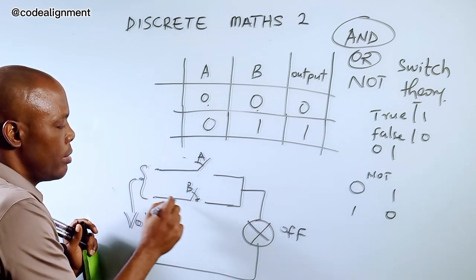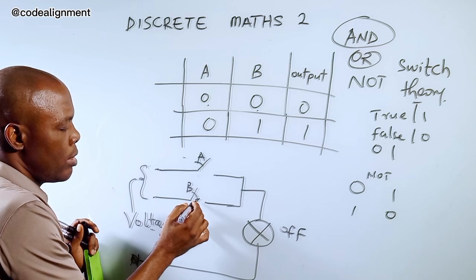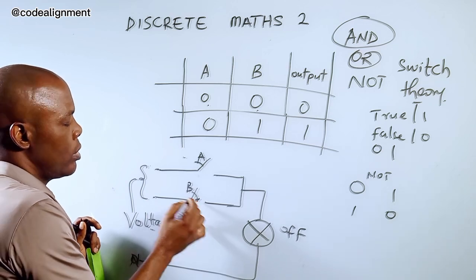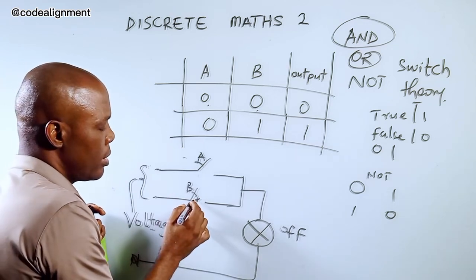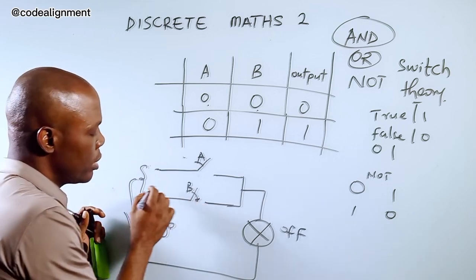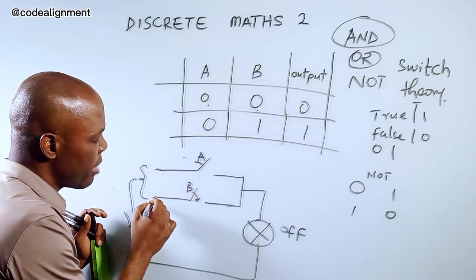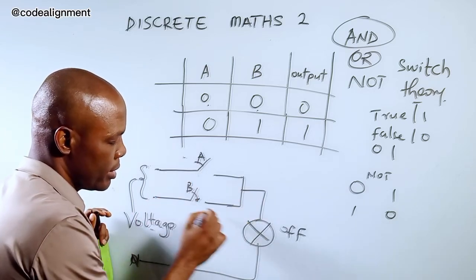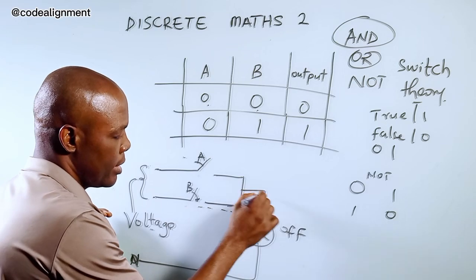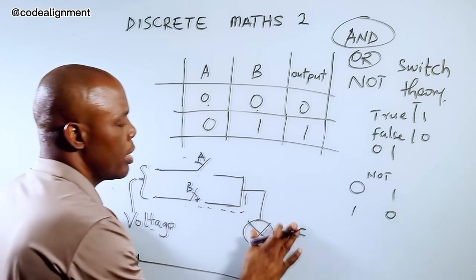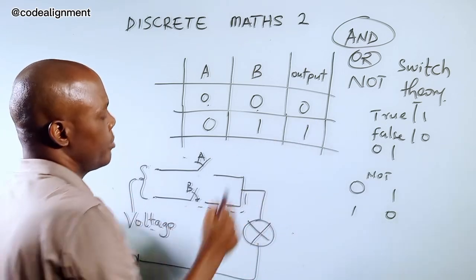So what will be the output? This one is closed. So the circuit will be complete by flowing this way, like this, to this one. So the output will be what? 1.